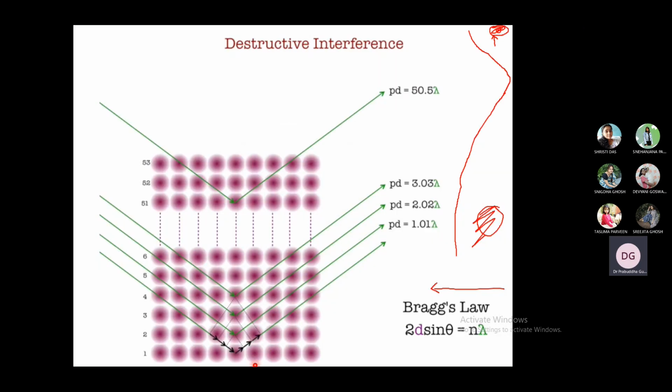So here what is happening? This is a very big crystal layer, and between two layers the distance is again d. And what is happening? The path difference between two adjacent rays here is coming as not a full one wavelength but 1.01 wavelength.